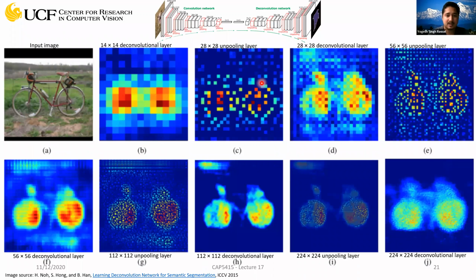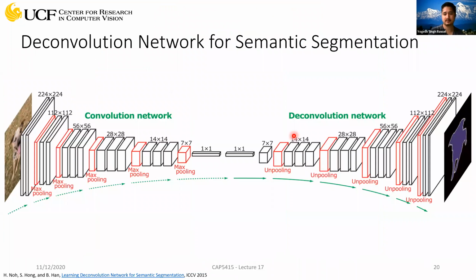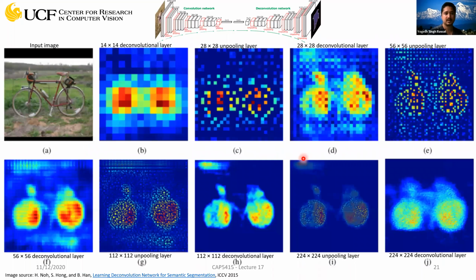Now, these are some sample results taken directly from their paper. This was the input image, and these are the results after the deconvolution layer, which is at this level, 14x14. And this is what happens after you perform the unpooling layer. You remember that unpooling is where you transfer your values to different pixel locations based on your max pooling operation, right?